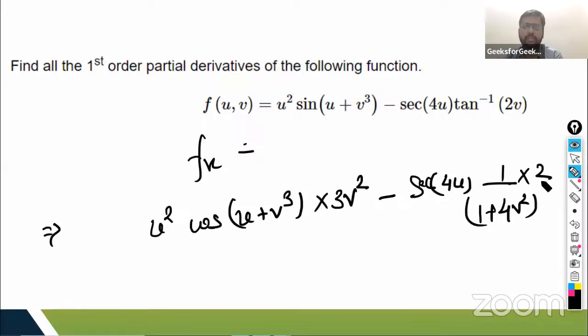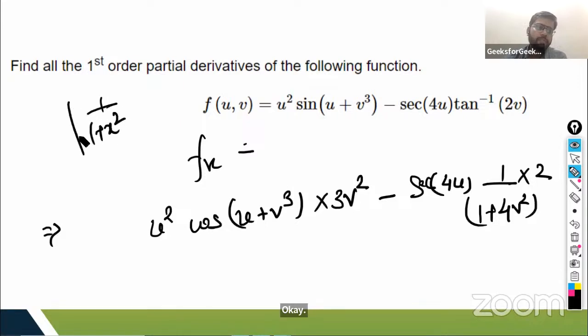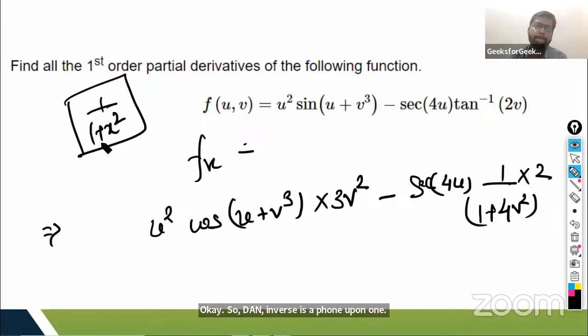Please check, guys, if you are getting the same answer. I believe you will get stuck on tan inverse of v. Okay, so the derivative of tan inverse x is 1 upon 1 plus x square. Apply this one.